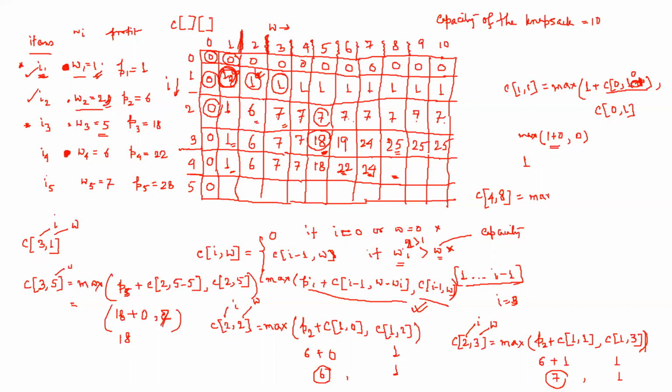It will be the maximum of profit 4. So profit 4 means P4. P4 is 22.